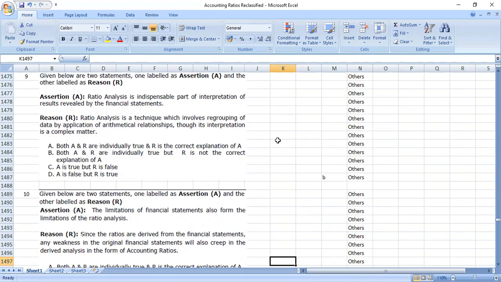So A is true. Ratio analysis is a technique which involves regrouping of data by application of arithmetical relationship, though its interpretation is a complex matter. I don't know what is complex or not complex. Anything is complex. For an LKG student, ABCD is also complex. So very generic questions. Such questions should not be asked.